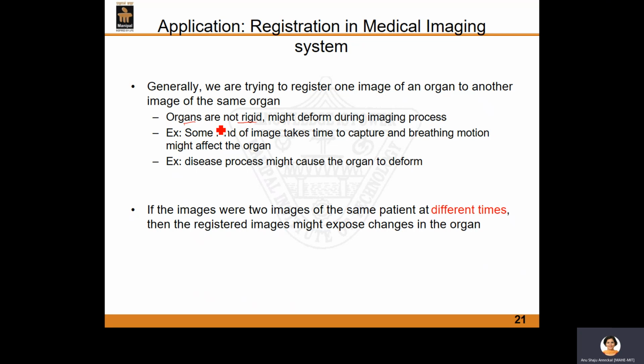One reason is that the organs are not rigid, and they may deform during the process. Another is that there might be motion of the patient. The patient movement can also cause changes in the images.